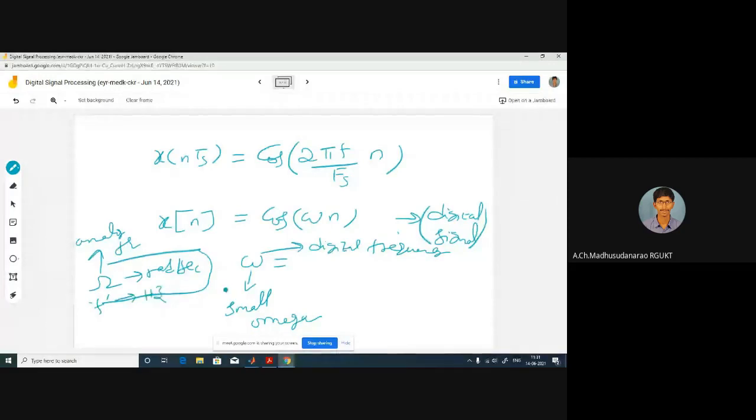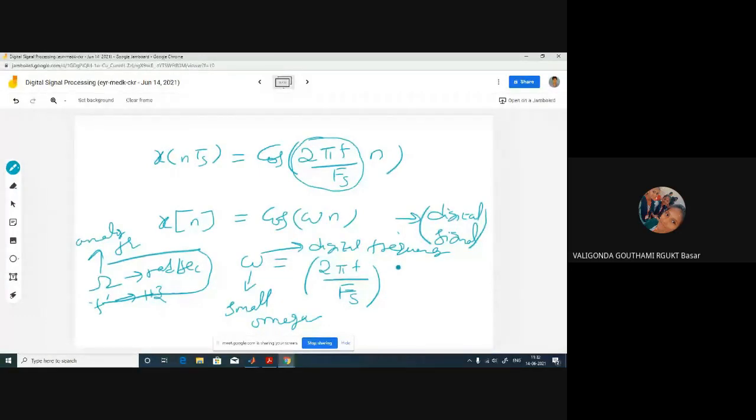It's a digital frequency. What is omega in this? 2 pi f by fs, where fs is the sampling rate. This corresponds to digital frequency omega, and this is my digital signal with a frequency of omega. Then what are the units of omega?